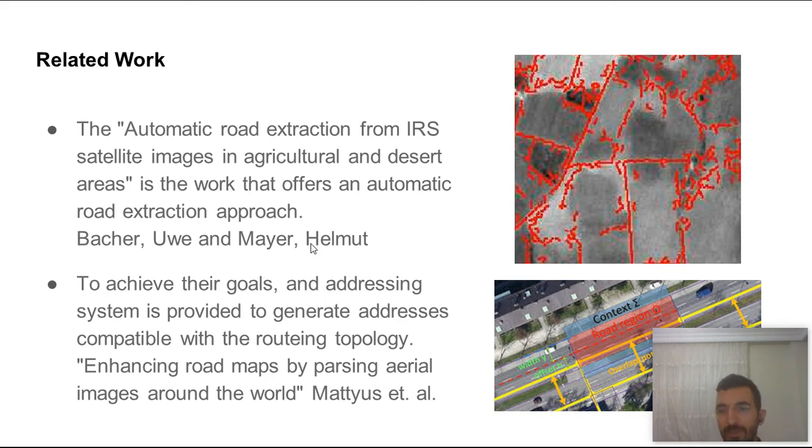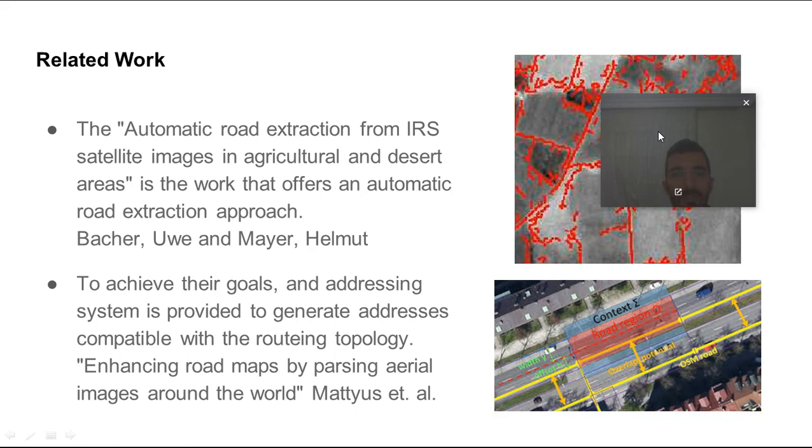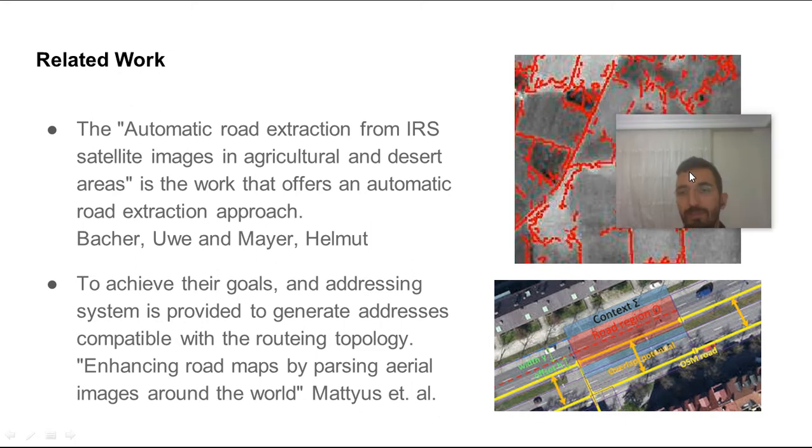This first figure is the result. To achieve their goals, an addressing system is provided to generate addresses compatible with routing technology. The study name is Achieving Road Maps by Parsing Aerial Images Around the World. Matthews et al. The second figure is the results.